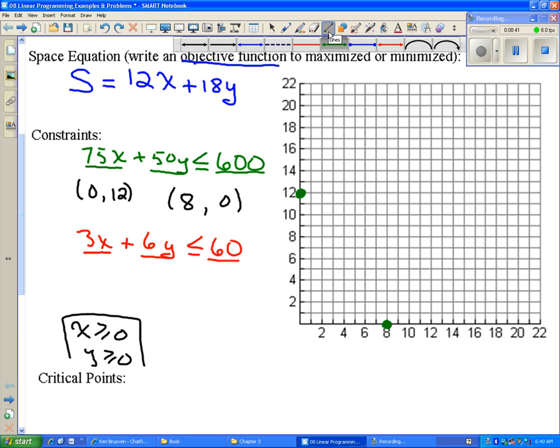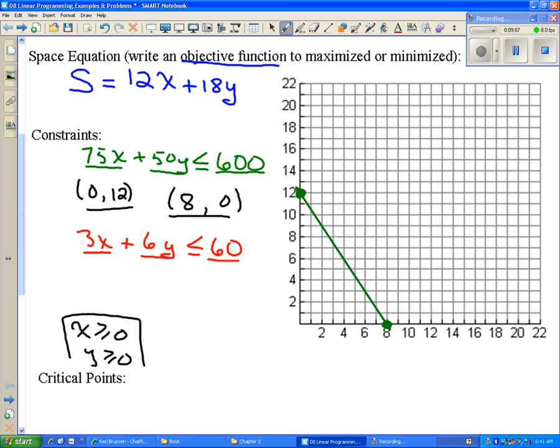Let's get a green line and draw that line of constraint. 75x plus 50y is less than or equal to 600. Since I found my x-intercept and my y-intercept, I could draw my line through those 2 points.